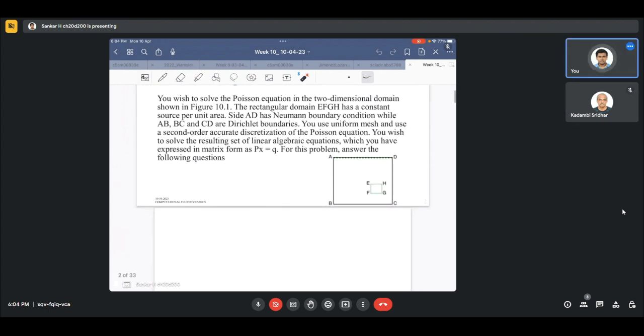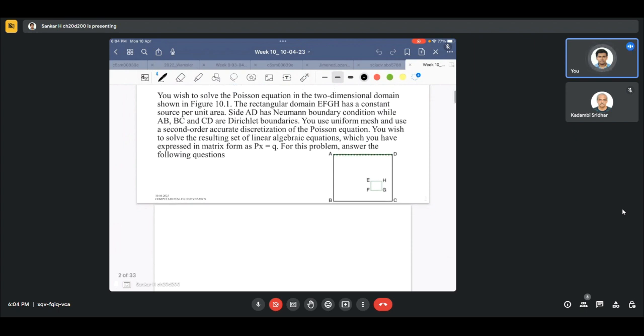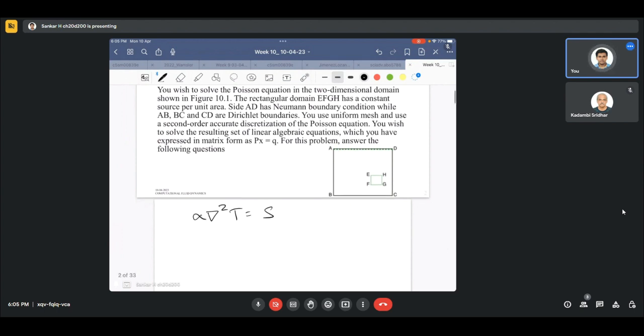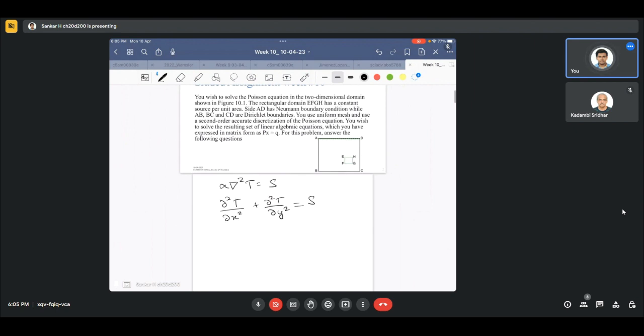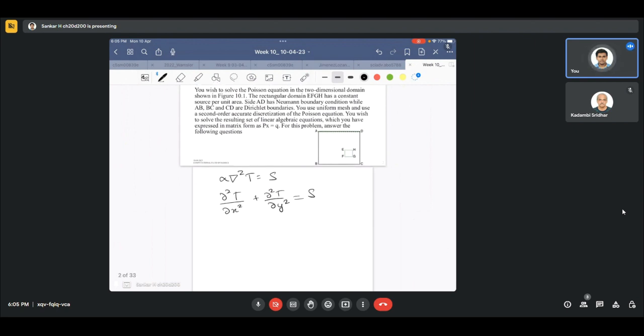All right, so let's start by defining what this question is. Let's assume that we are talking about the temperature profile over this slab. So we'll write the Poisson equation as del square T is equal to some source term. We can write alpha del square T is equal to some source term, and I can rewrite this in the two-dimensional domain as ∂²T/∂x² plus ∂²T/∂y² is equal to S, some constant S, let it be the source term that's given here.